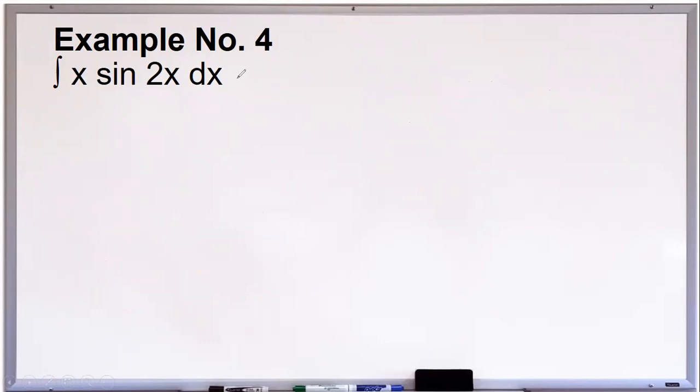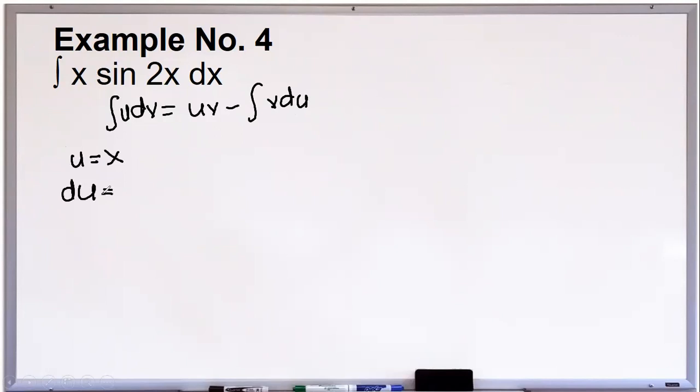So, ulit, formula ng ating integration by parts. So, integral of u dv. Huwag kalimutan, u dv, that's uv, minus integral of v du. Okay. So, let u, of course, x. So, derivative of u, which is equal to dx.